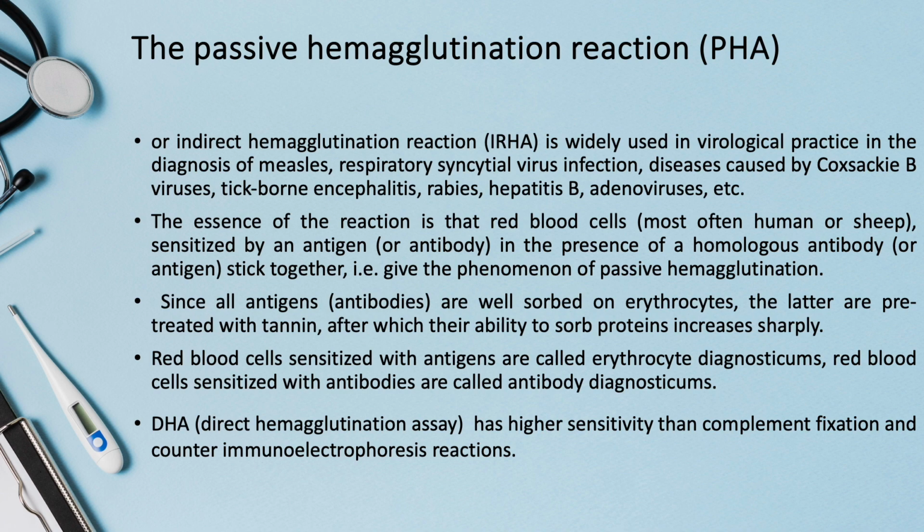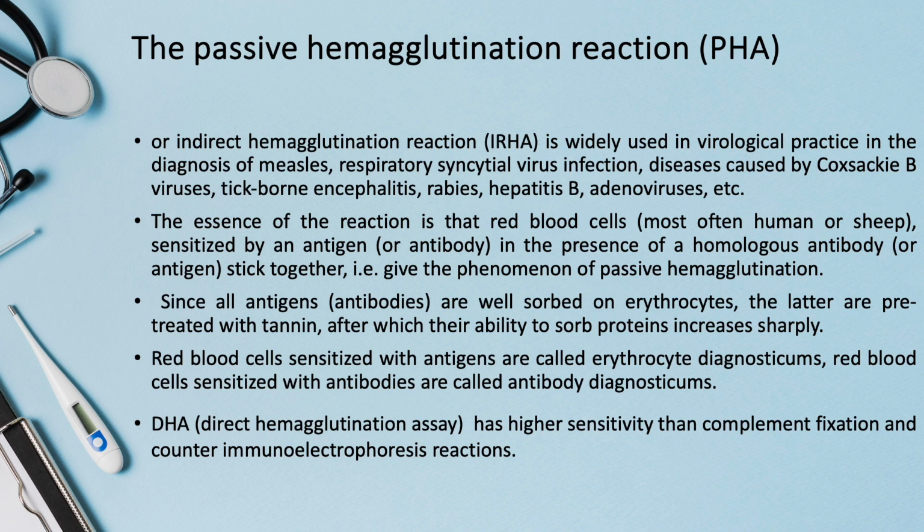So as soon as the virus gets in the bloodstream, since on its surface we have this antigen called hemagglutinin, it is able to attach to red blood cells. One virus can clump together more erythrocytes because of this antigen.